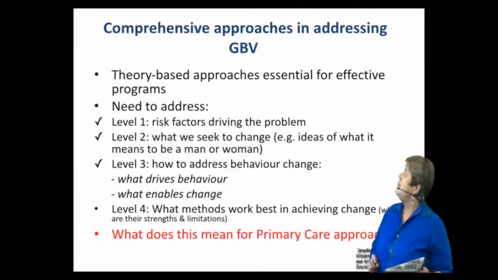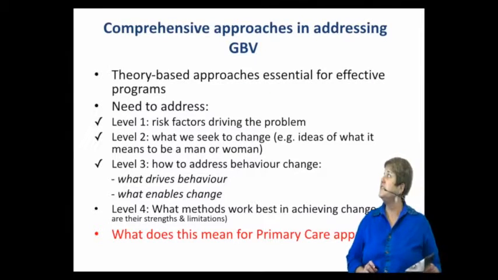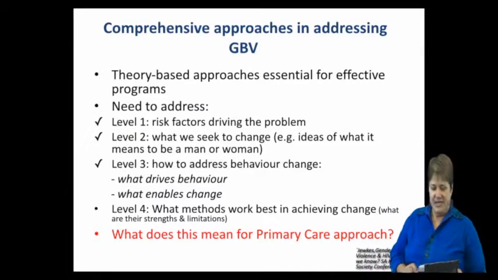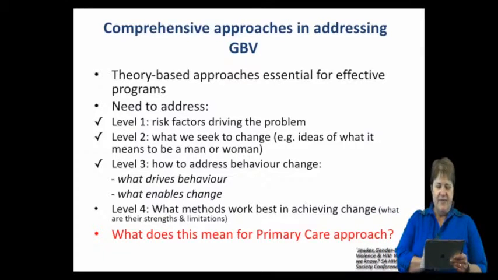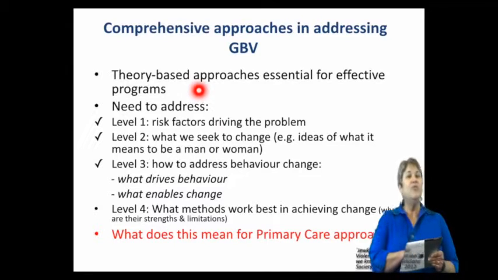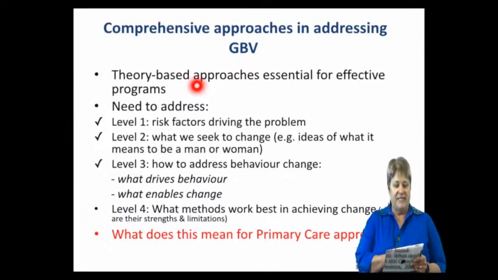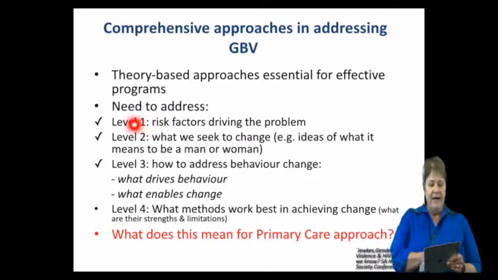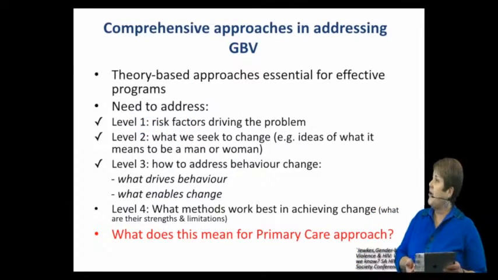Okay, so if we look at comprehensive approaches in addressing gender-based violence, first of all, many organizations feel that there needs to be some sort of theory, that you need to know what you're wanting to do to get effective change, that you need to look at level 1, what are the risk factors driving the problem.